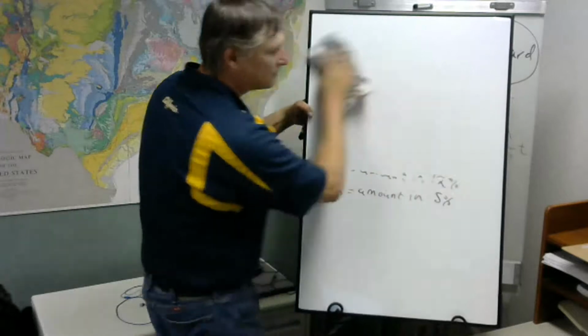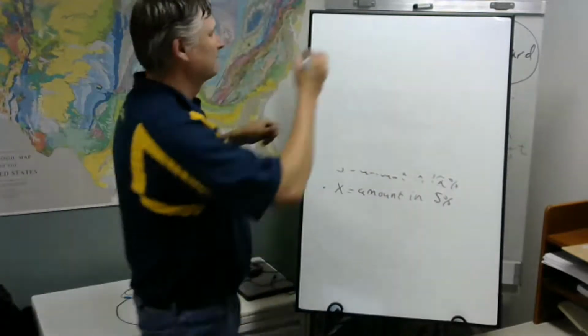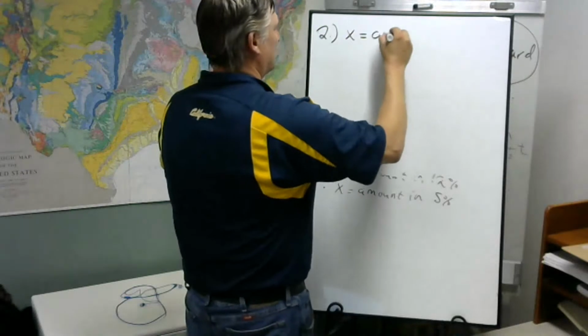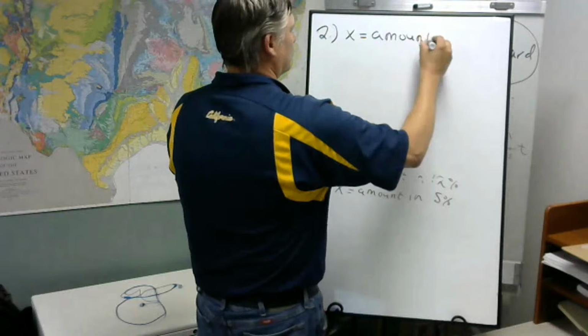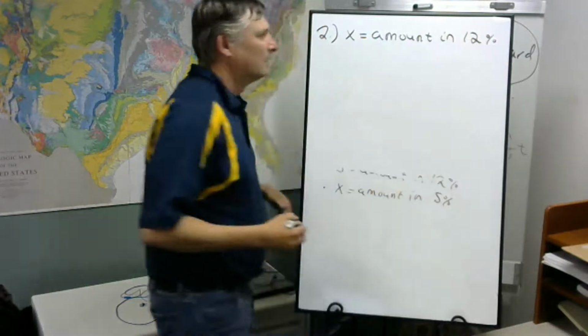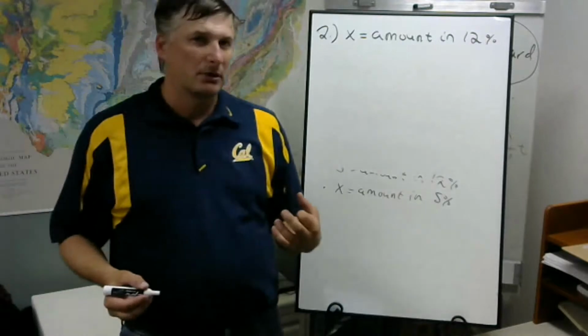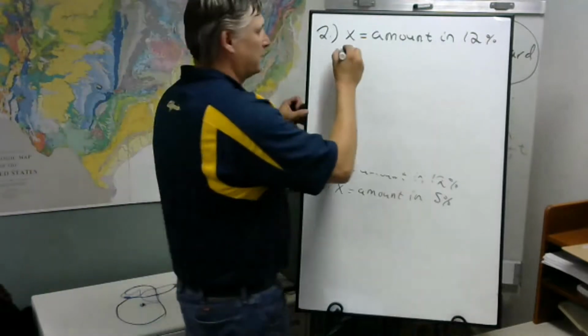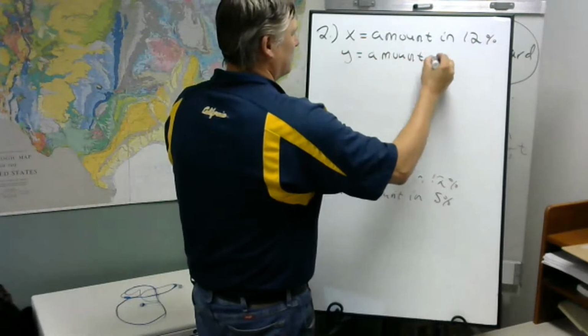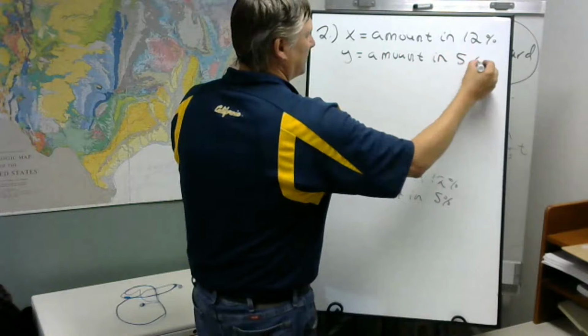Let's write some expressions. So we know the amount in the 12% is X, that's what we called it, and Y is the amount in the 5%.